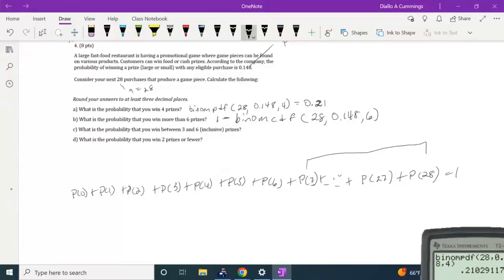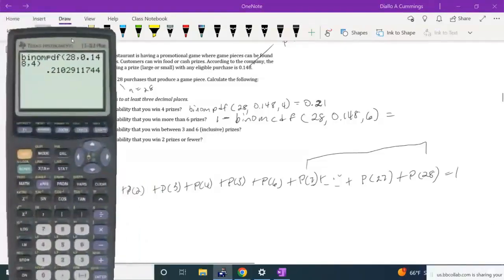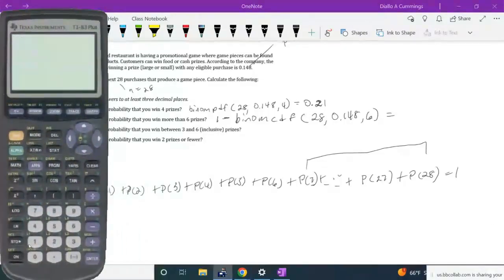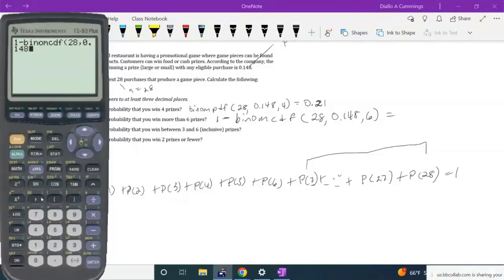So we put in comma 6. One minus the binomial CDF 28, comma, 0.148, comma 6.